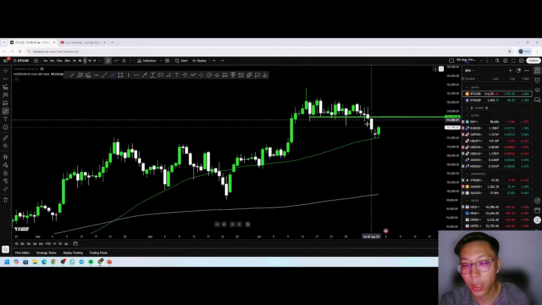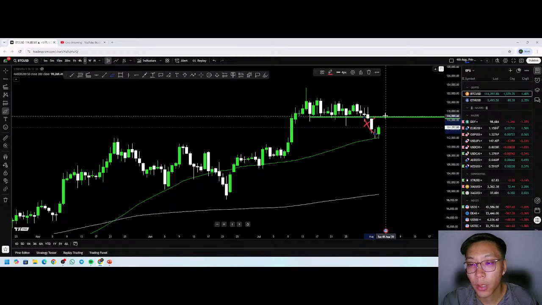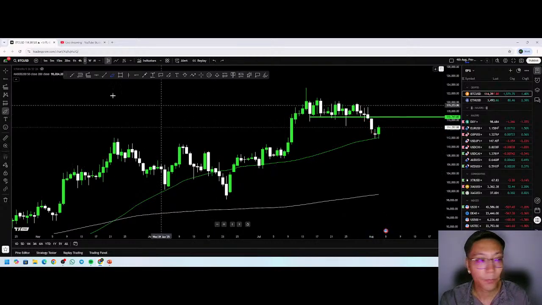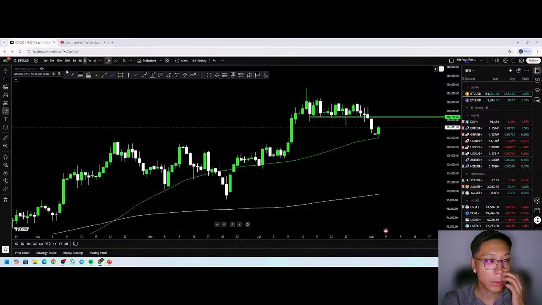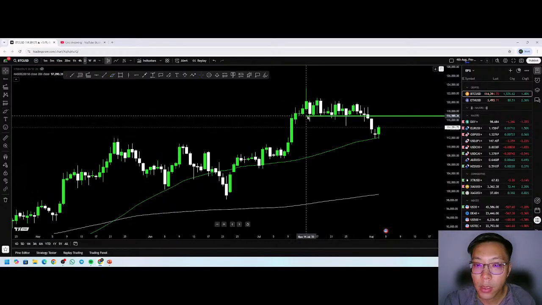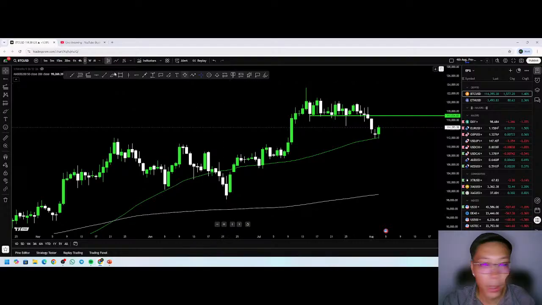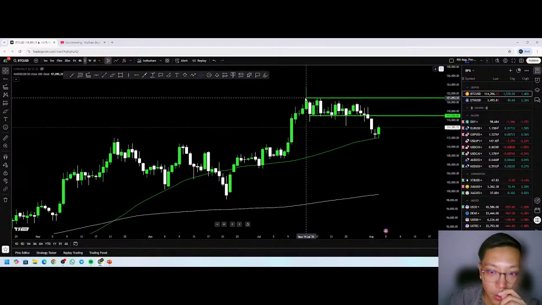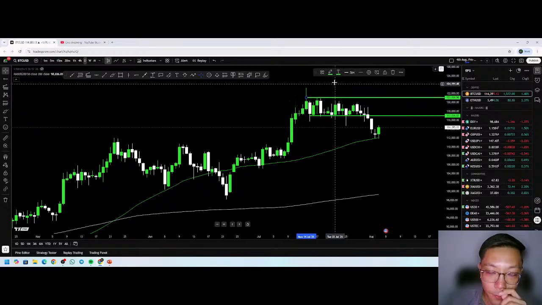For it to have a clear break over here and then a very nice pullback area. This one on daily is still above, so it might be a little bit scary, but it's fine. So this is our pivot point. Then our resistance is of course all these resistance levels over here.